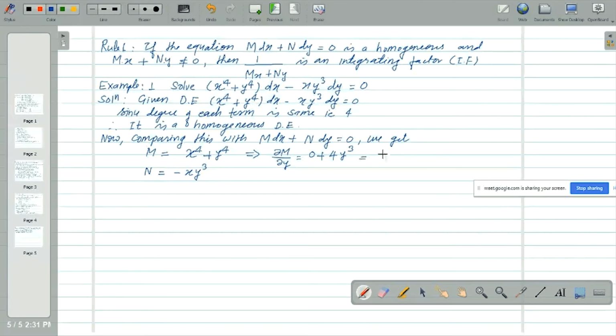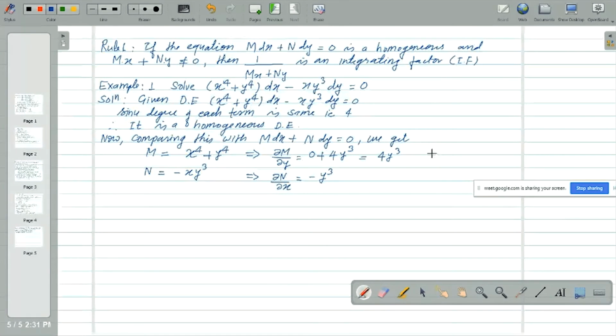Now the second term: differentiating N partially with respect to x, dou N by dou x, y is constant, so it is minus 4y cube.